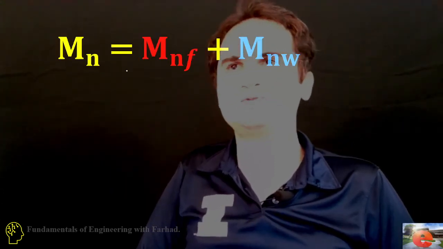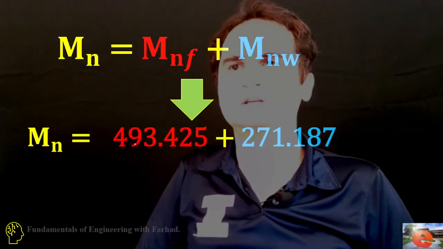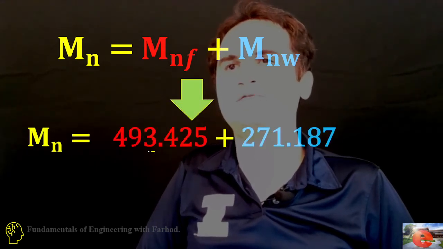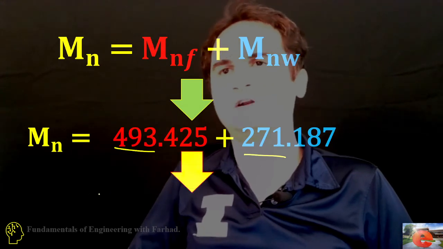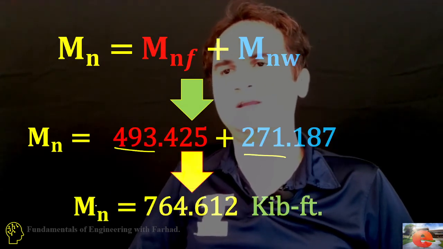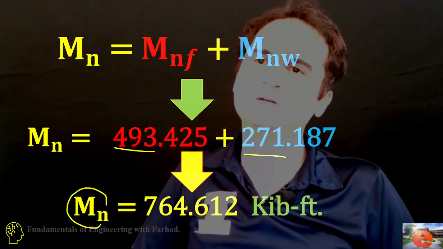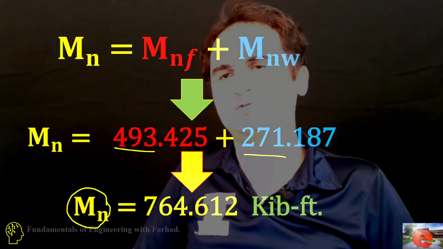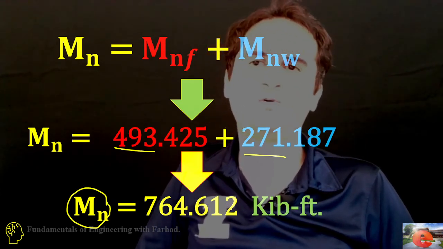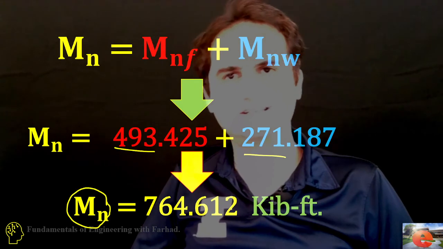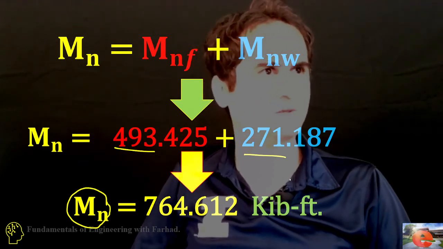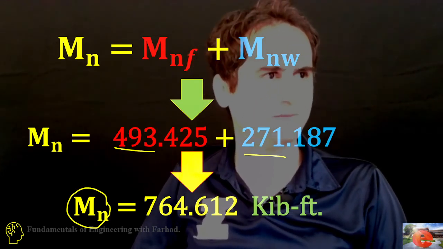If you add 493 plus 271, it gives you a nominal moment for the section of almost 764.6 kilopound feet. Thank you. We'll solve more problems in the next videos.